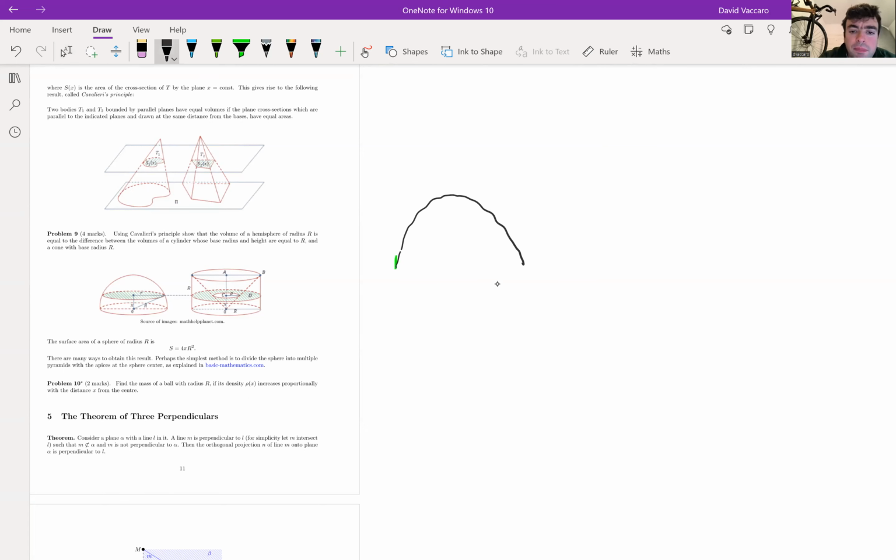Okay, we can then put this salami sausage through a kind of slicing machine, and at each layer we get a slice. So let's imagine we slice our salami and we get all of these little slices.